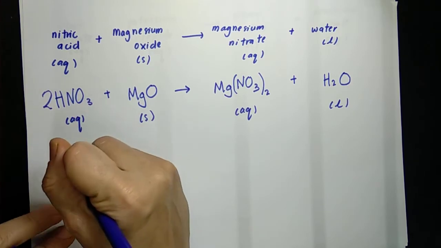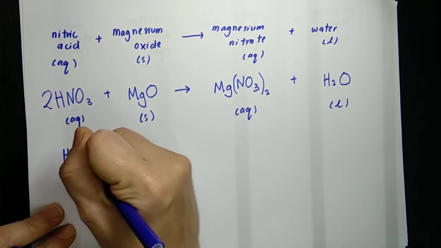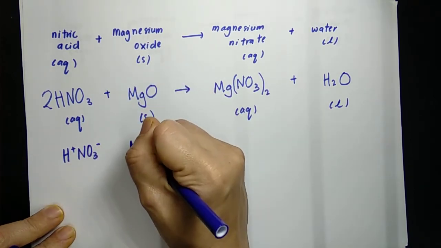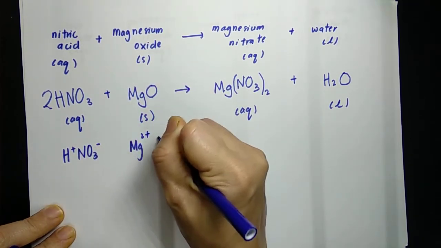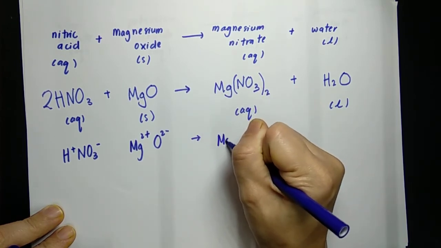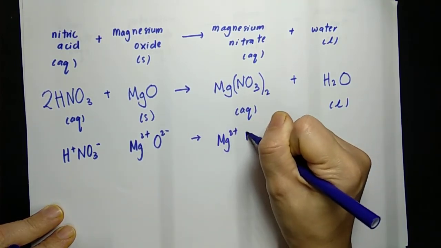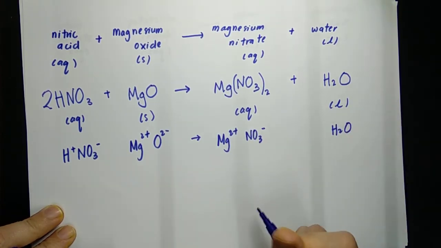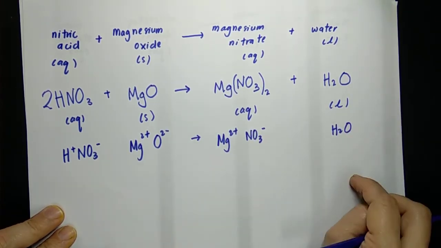Now, nitric acid here. This is magnesium oxide. This is magnesium nitrate. And this is water. There are two possible equations that you might see for the ionic equation.